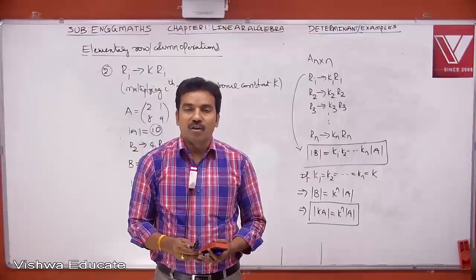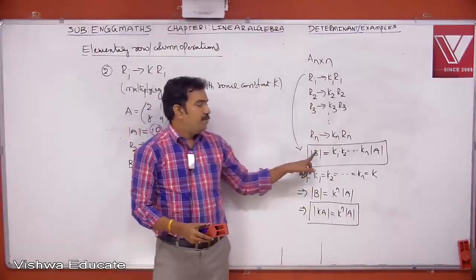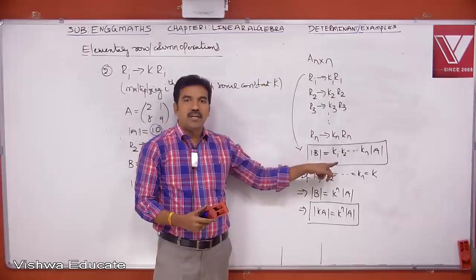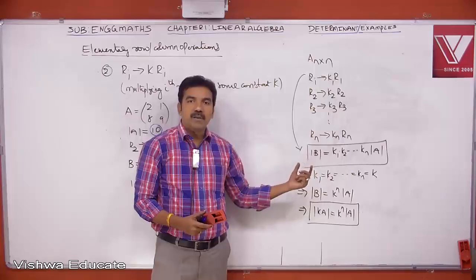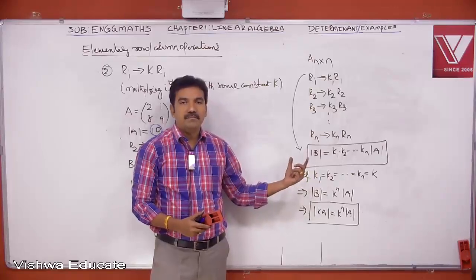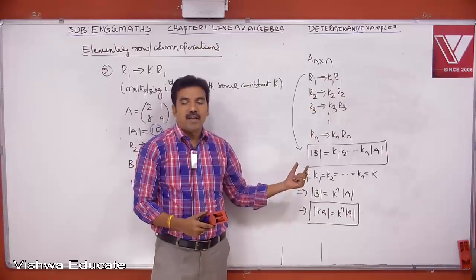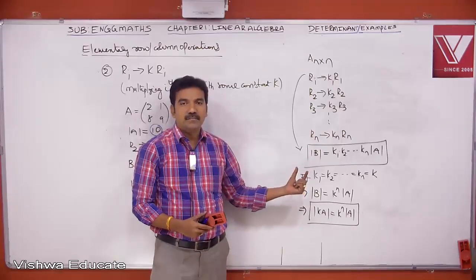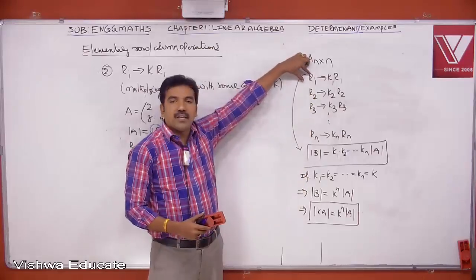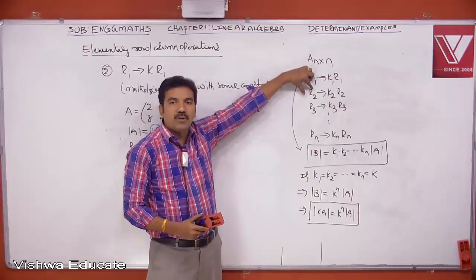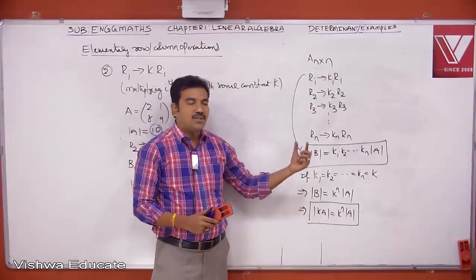Now, if A is an n cross n matrix, then det B equal to k1 into k2 into and so on kn into det A, where B is the matrix obtained from A by applying the operations R1 implies K1 R1, R2 implies K2 R2, R3 implies K3 R3, and so on.